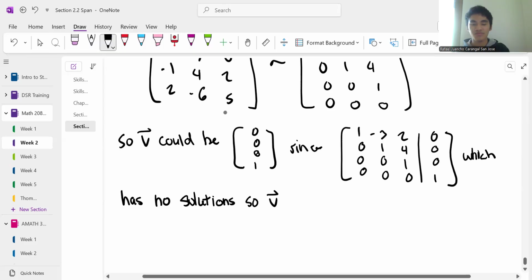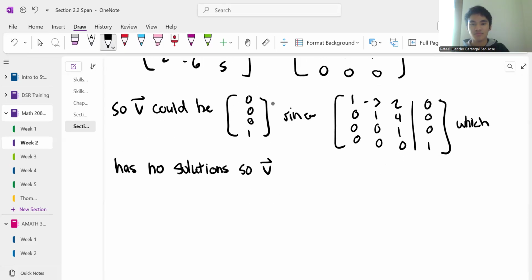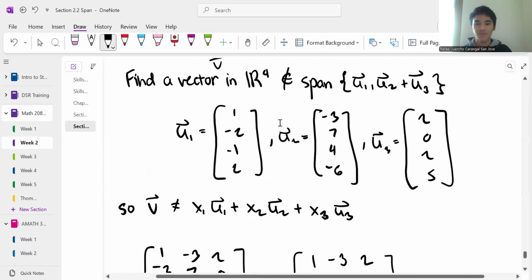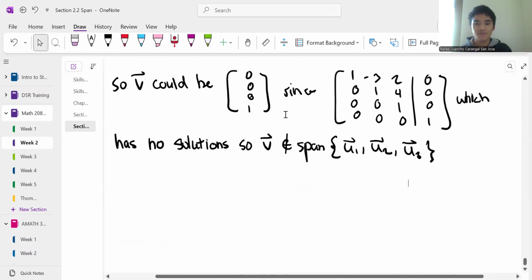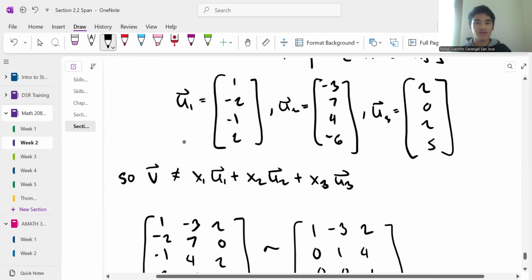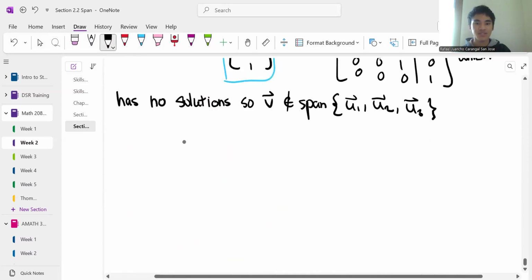So V cannot be written as a linear combination, so it can't be part of the span of these three vectors, not things. Okay? Cool. That's one of them.